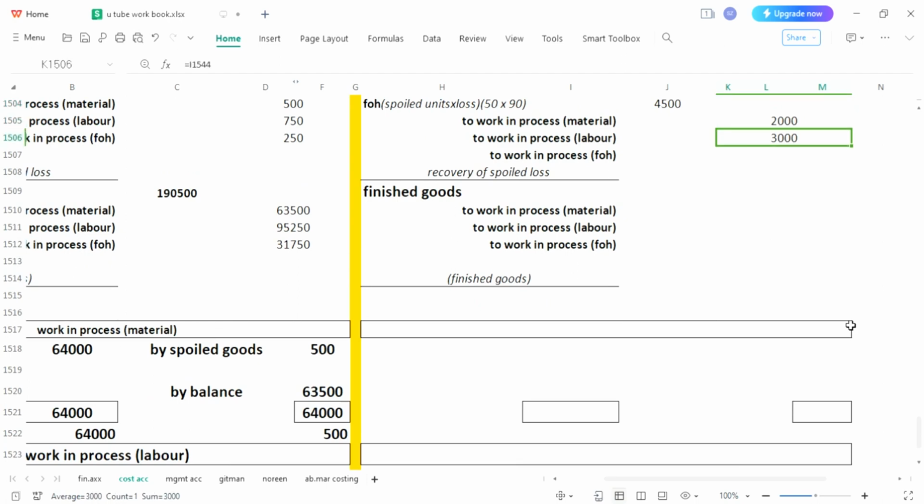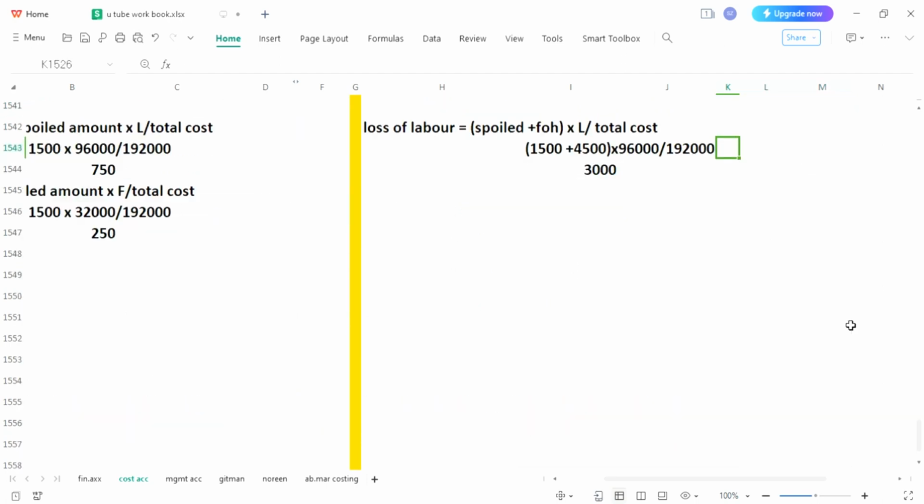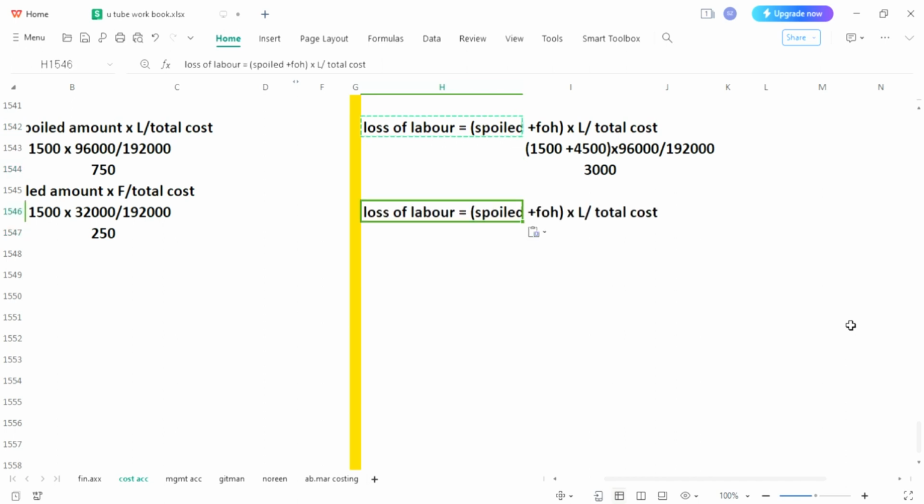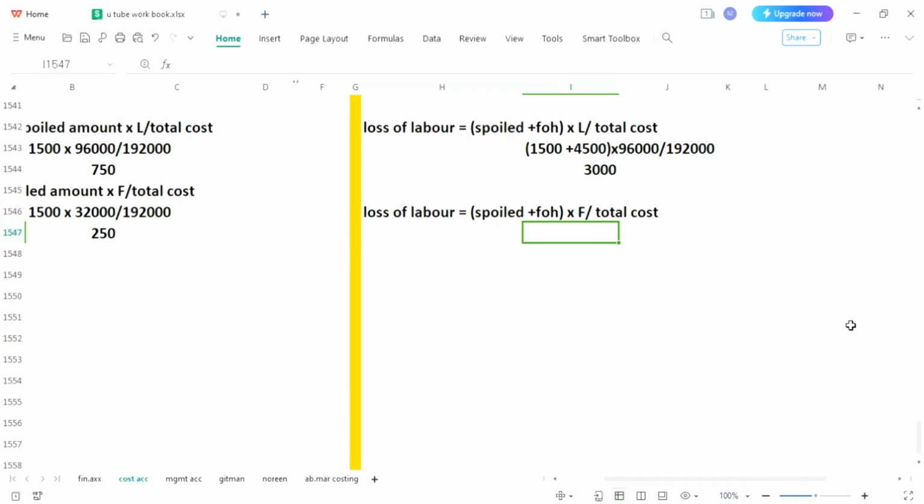Now for the third amount, again we will use the same formula except for FH cost. So you will write the formula over here, and we'll change it except one word. Just one word would be changed, and that is factory cost. Again 1500 spoiled goods would not be changed, and loss 4500 would not be changed.